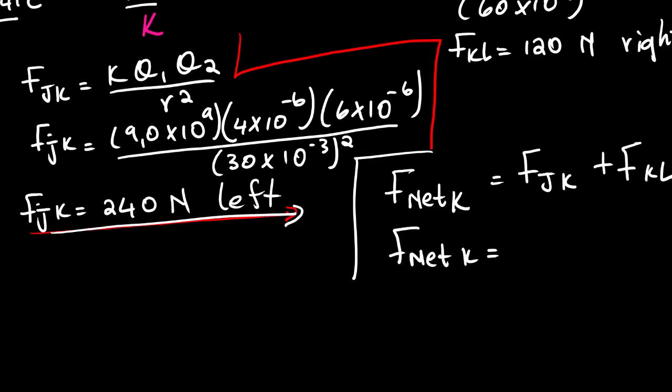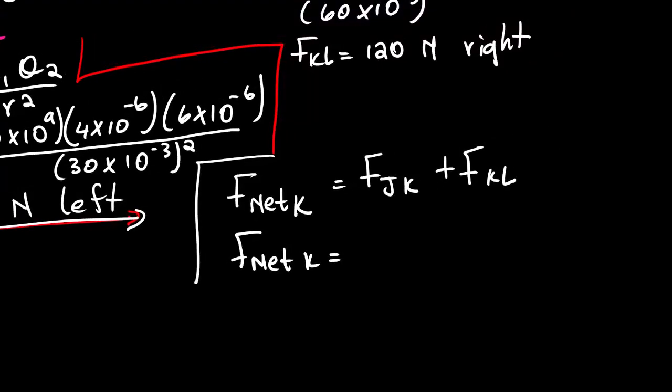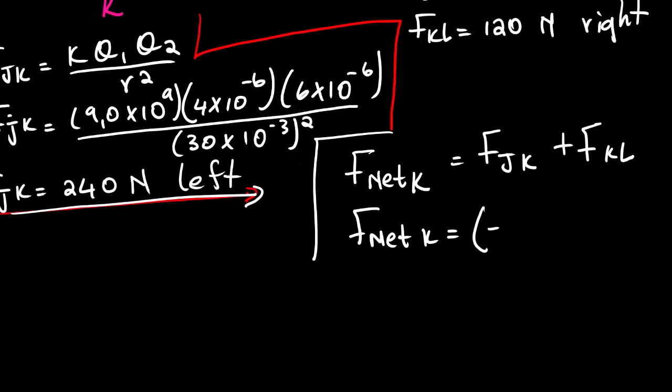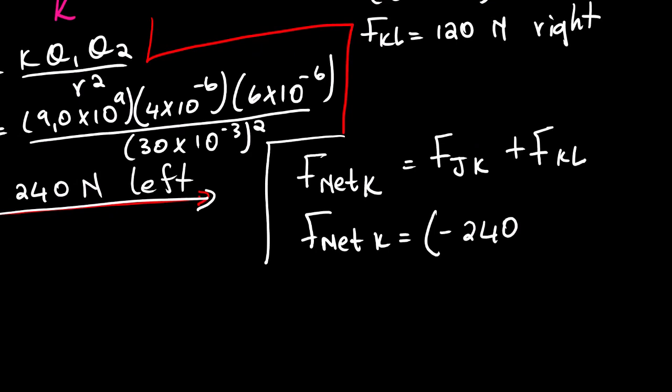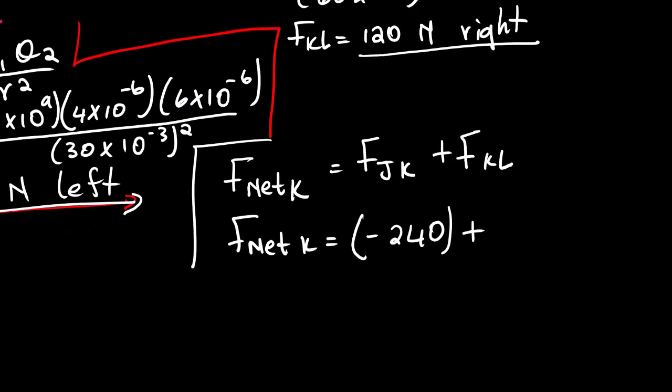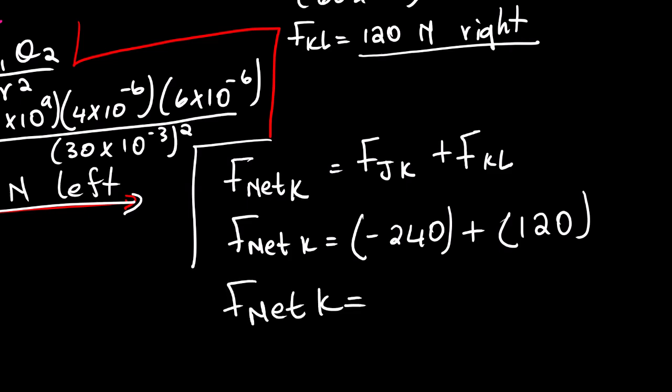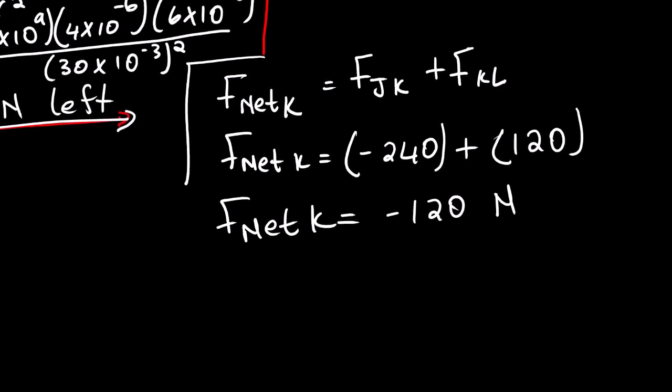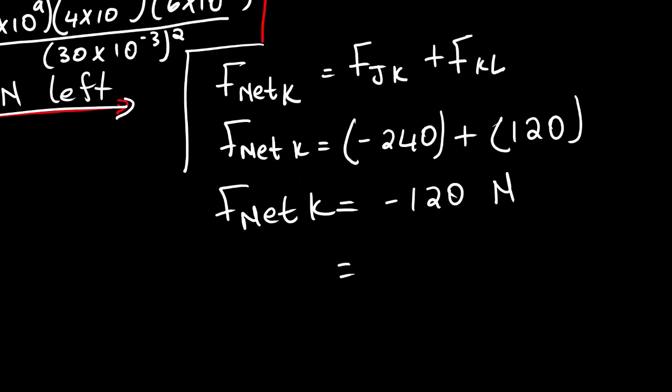JK is to the left, so it will be negative 240, since we take left as negative, plus 120 to the right, positive 120. Our answer is negative 120 newtons. When we conclude, this is 120 newtons to the left.